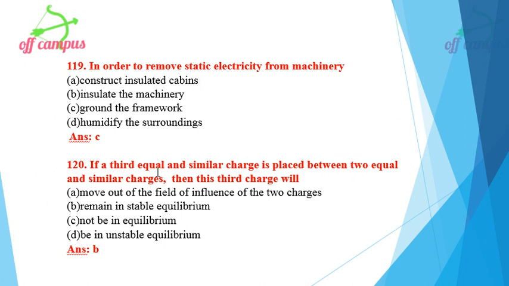If a third equal and similar charge is placed between two equal and similar charges, then this third charge will, four options are given: move out of the field of influence of the two charges, remain in stable equilibrium, not be in equilibrium, be in unstable equilibrium.